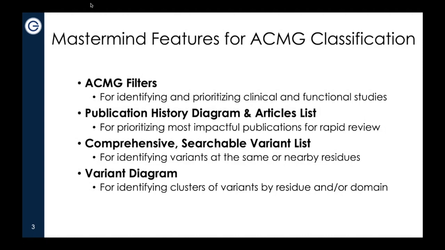We also have a publication history diagram and articles list, which can be used to prioritize the most impactful publications for rapid review, depending on your specific search terms. We have a comprehensive and searchable variant list, which can be used to identify variants of the same or nearby residues very efficiently and comprehensively. And then we have a variant diagram, which can be used to identify clusters of variants by residue and/or the specific domain.